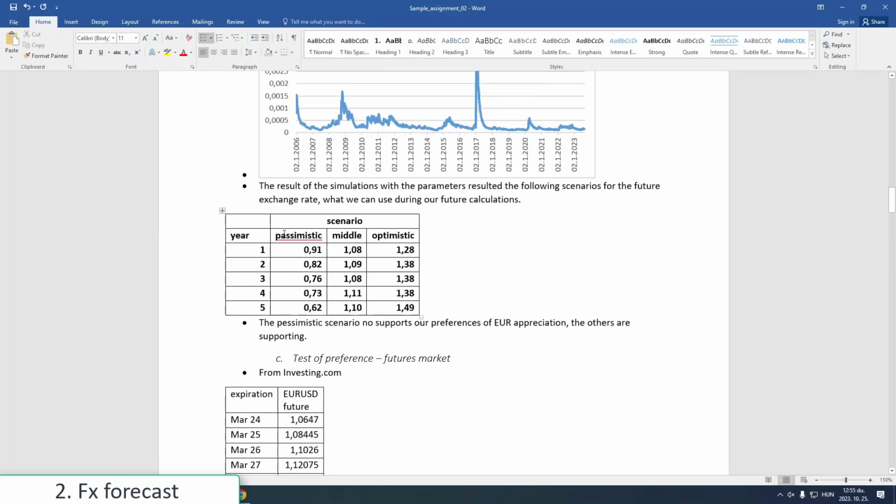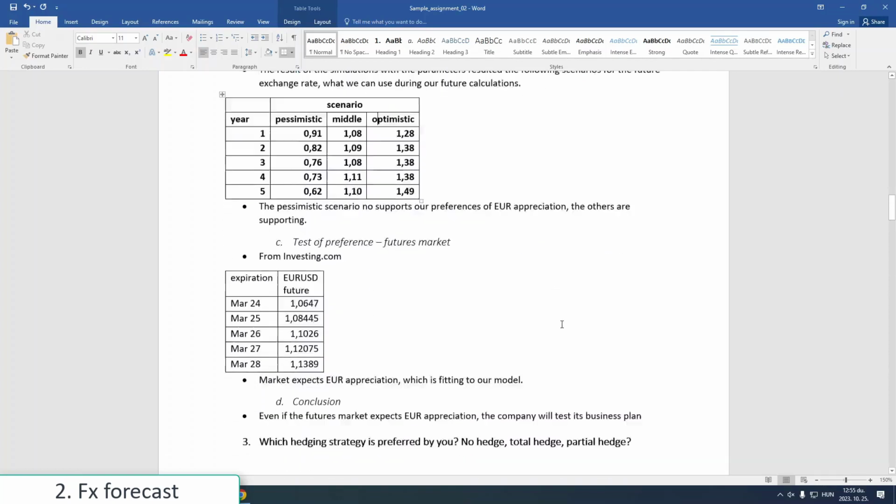And just for fun, pessimistic. Just for fun, we will use only the pessimistic and the optimistic scenarios, because we can see that in the middle nothing happens, so practically it would be the same, so we don't want to test it.